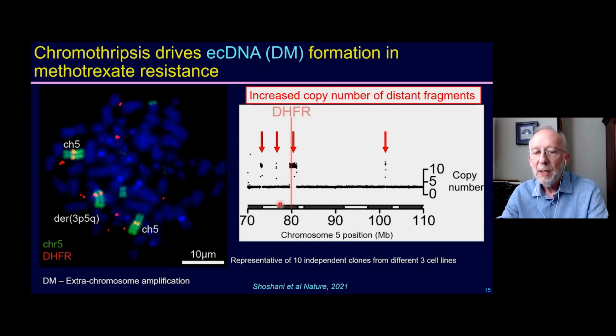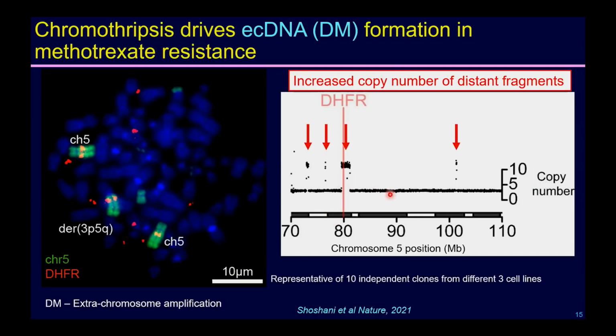Okay, so is it that shattering, that methotrexate dependent shattering and production of a parent ecDNA, is it really true? Again, with Peter Campbell, we used whole genome sequencing to realize, yes, indeed, in this particular example, the ecDNA contains 5 different pieces of the original chromosome 5 onto which DHFR resides.